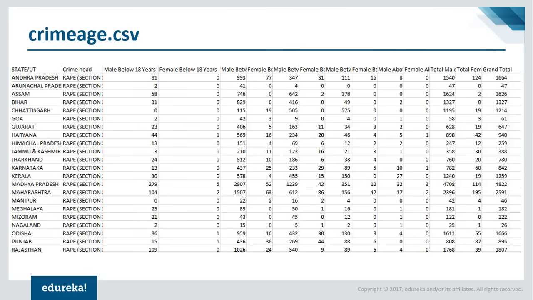There are the different states of India and the crime details about them, for example, what the crime is, who the victims are, and who the people are who assaulted the women. This is the crime age file, which contains the data of the perpetrator and the victim. In our dataset, the victims are females.